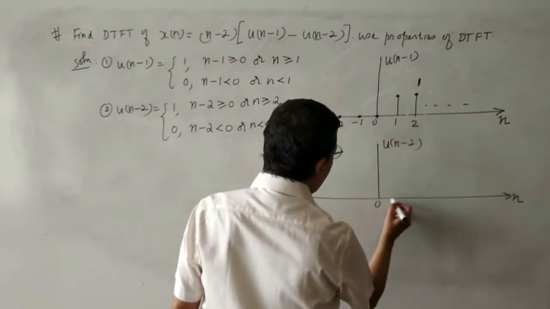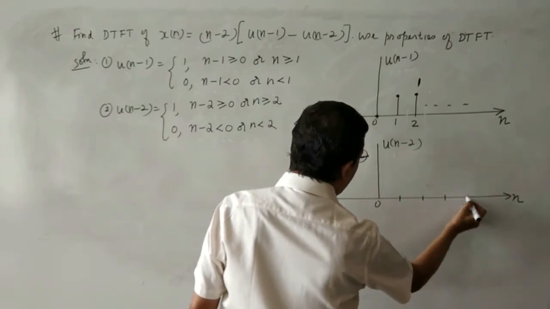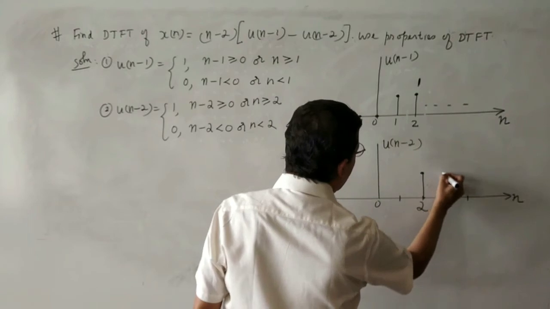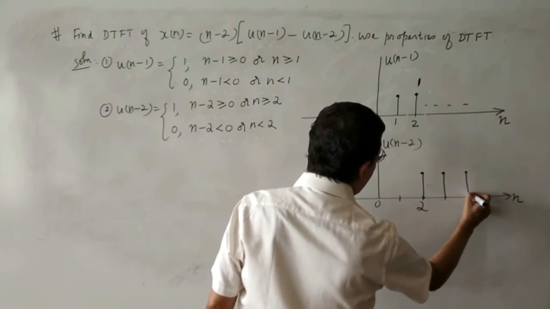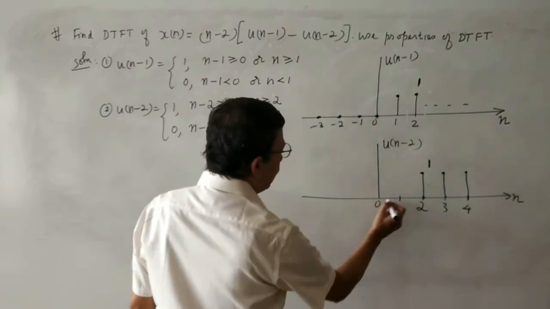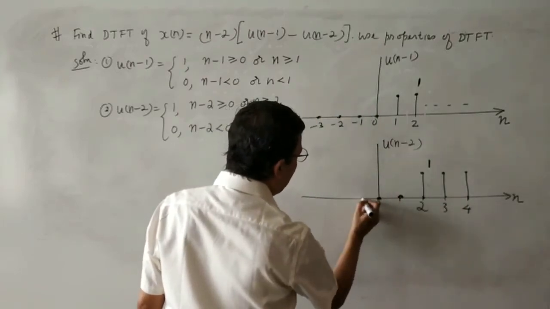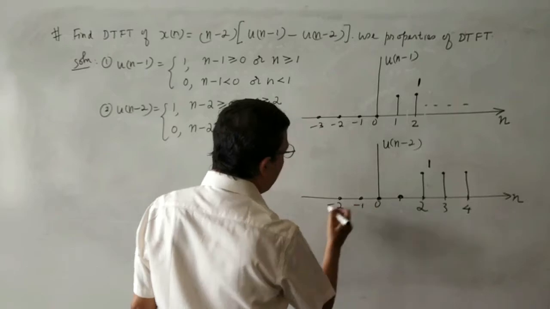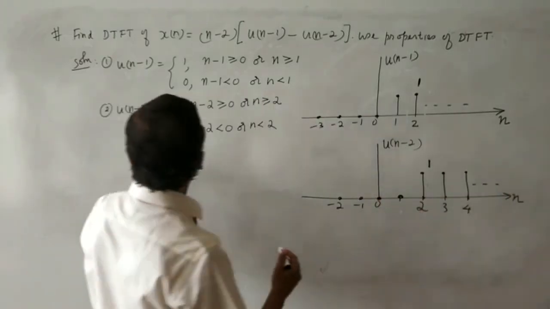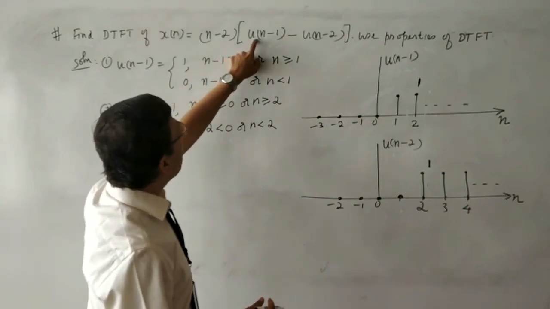N equal to 0, 1, 2, 3, 4 and so on. U of n minus 2 starts at n equal to 2 and proceeds till n equal to infinity. All the samples are unit value. No sample at 1, 0, minus 1, minus 2 and so on. This proceeds till infinity.